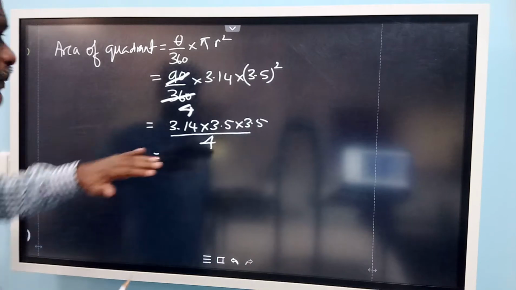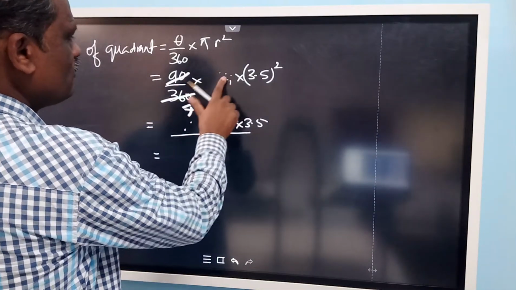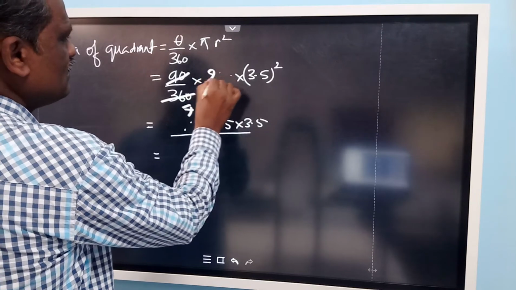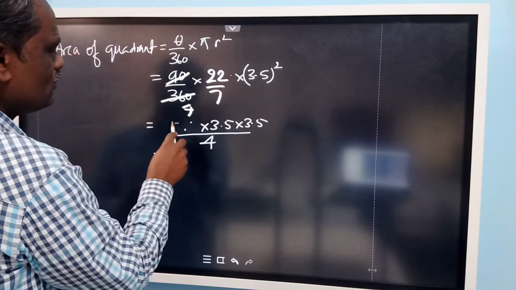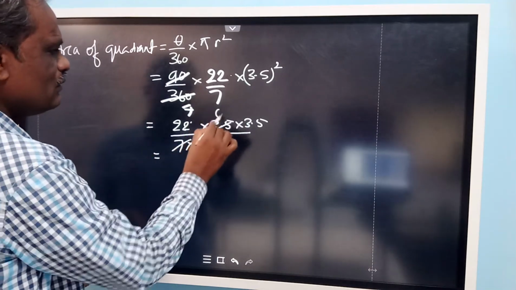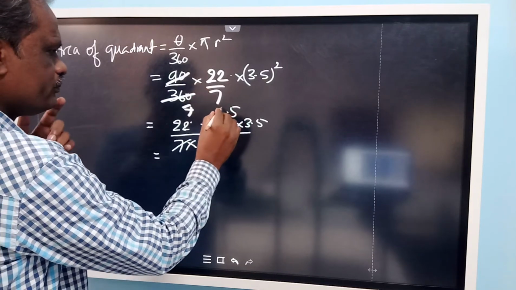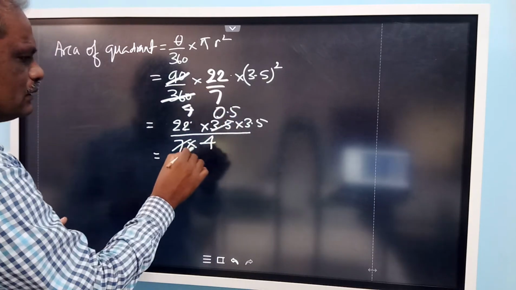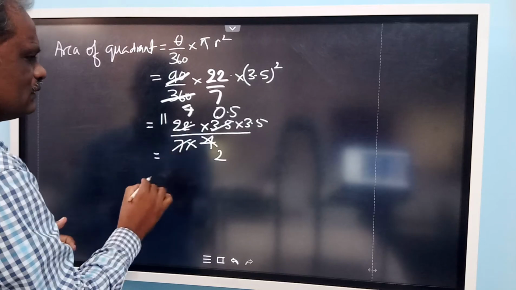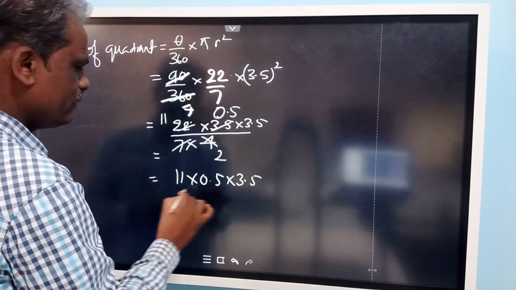If you use 22 by 7 for pi, then 22 by 7 into 3.5 into 3.5 divided by 4. 7 fives are 35, 2 and 4 cancel, so 11 into 0.5 into 3.5 divided by 2.